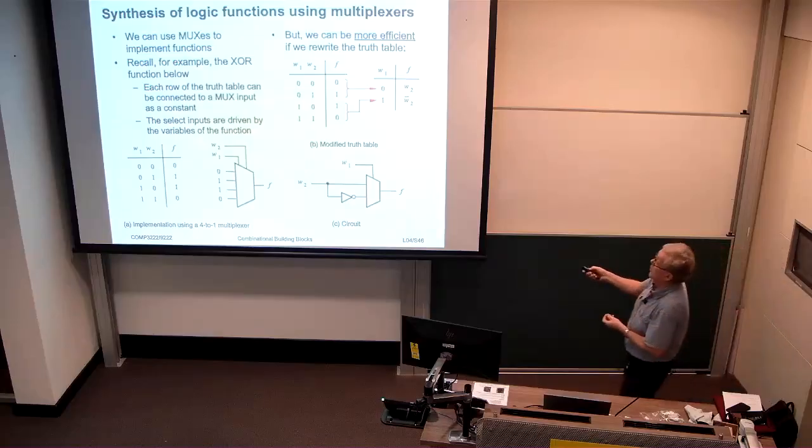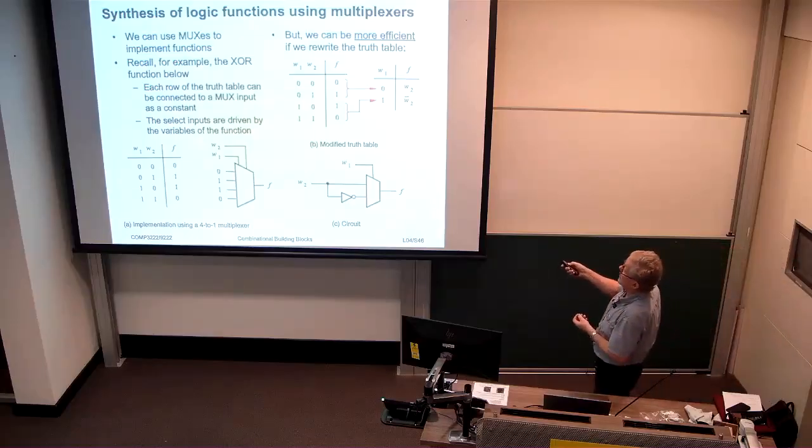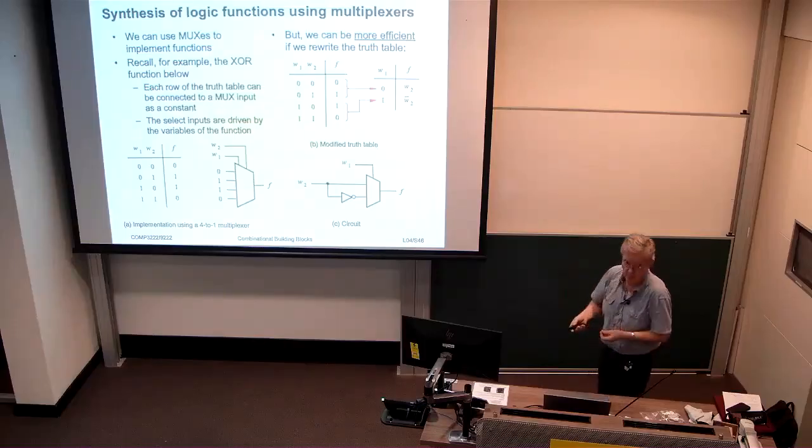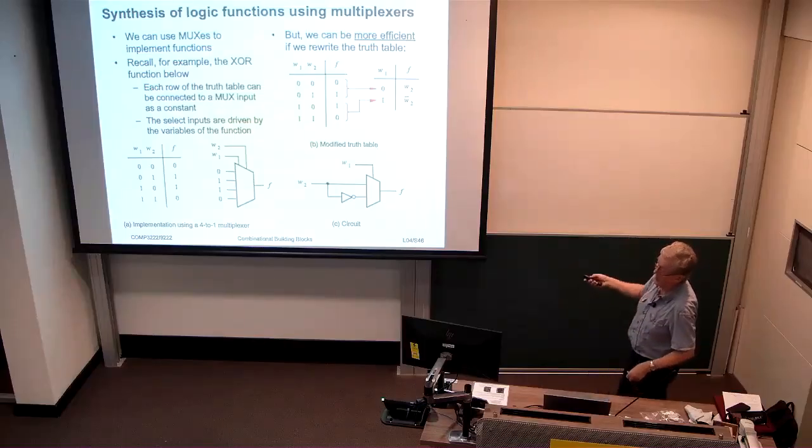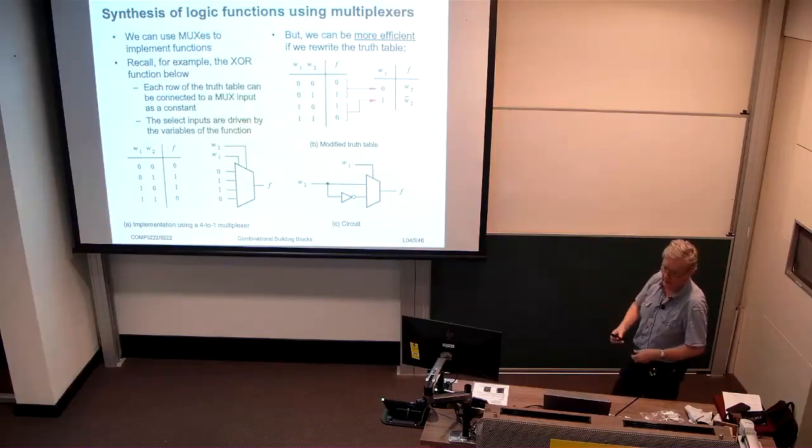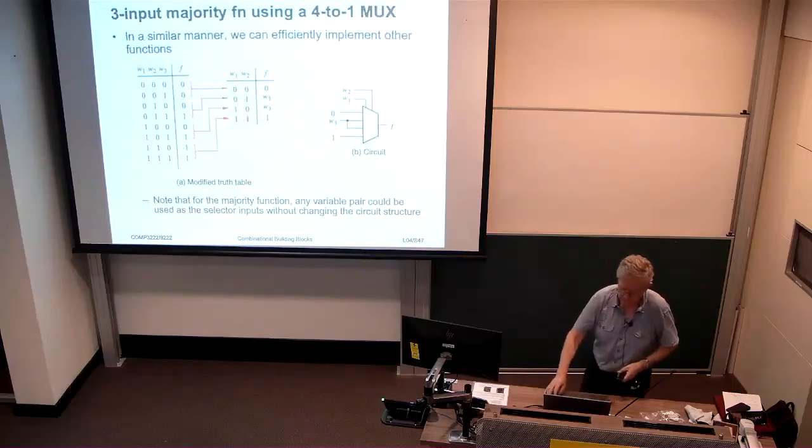We notice that when W1 is 0, then the function output should just be the same as W2. But when W1 is 1, the function output should be the complement of W2. And so obviously this circuit that we see down below results from that.